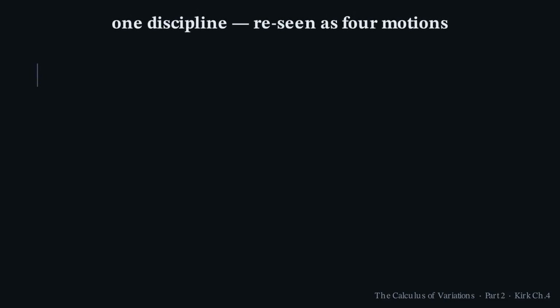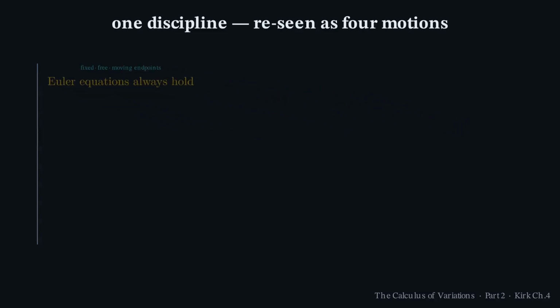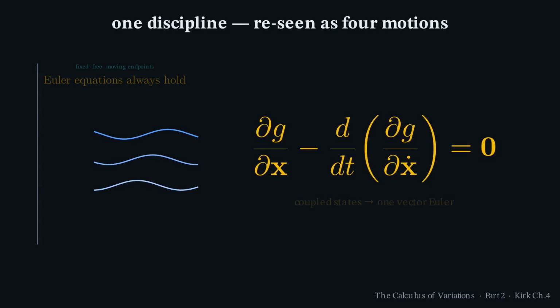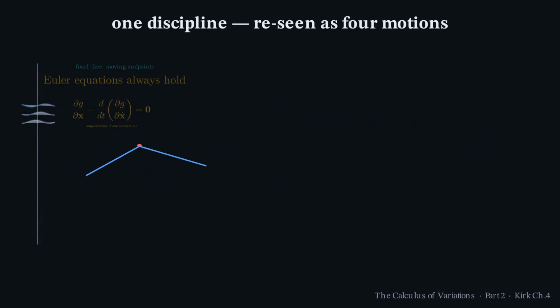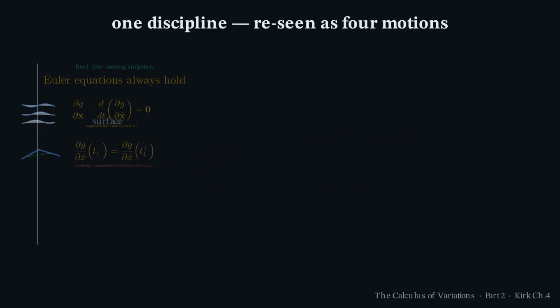Let's gather the whole through line into one breath. No matter the boundary conditions, fixed, free, or moving, the Euler equation always holds. When functions are coupled, one vector Euler equation stands for many. When a path can kink, the Weierstrass-Erdmann conditions say a momentum and a Hamiltonian glide through the corner unbroken.